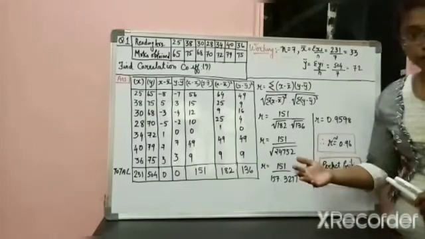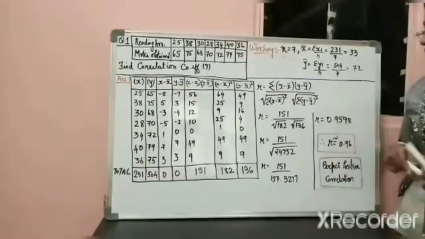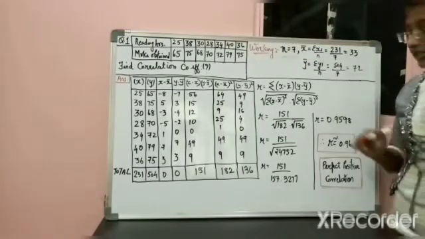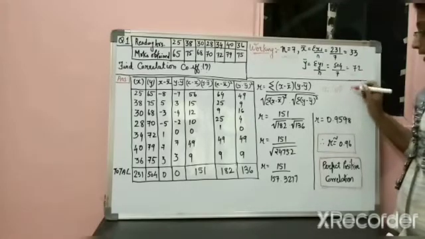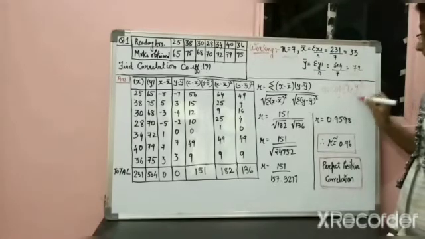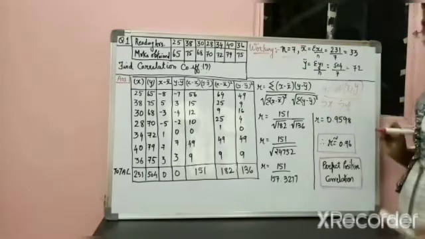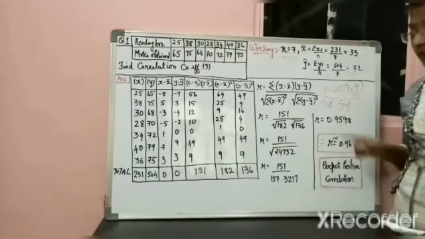So what is the first formula? If your means are coming in integers, then you move on with the formula r is equal to covariance xy upon sx into sy, that is standard deviation of x multiplied by standard deviation of y.